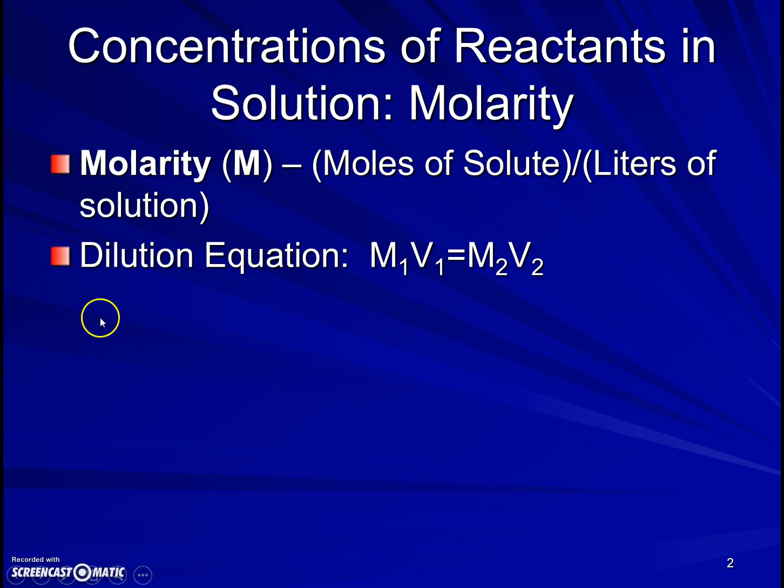If we have a particular molarity that we know of our stock solution, very, very concentrated, a high molarity, and we want a lower molarity, and we can call that M2, and we want a certain volume of that lower molarity, then we can calculate, solving for V1, the number of liters or milliliters of the original concentrated solution we would need to start with in order to get that concentration and volume.